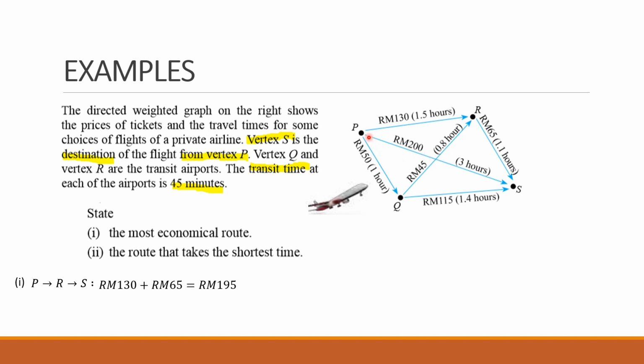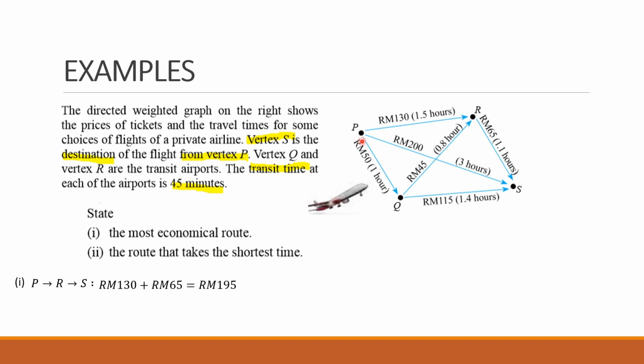Now we try another way, which is from P going to Q. From Q you either go to R and then S, or you directly go to S. But you can see here, if you go from Q to R and S, the price will be 45 plus 65, which is 110, less than 115. So we don't need to compare with QS.